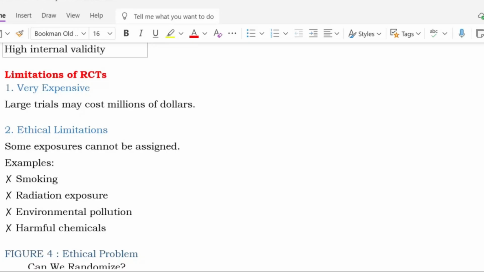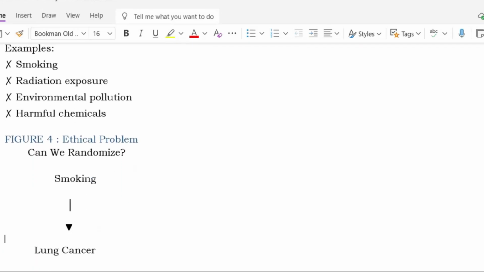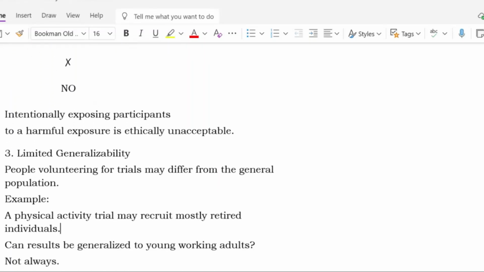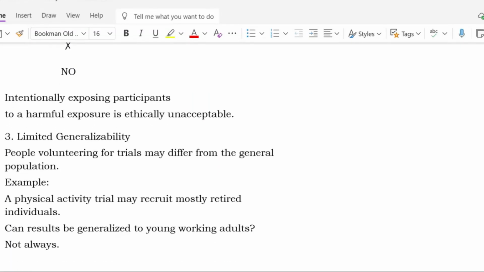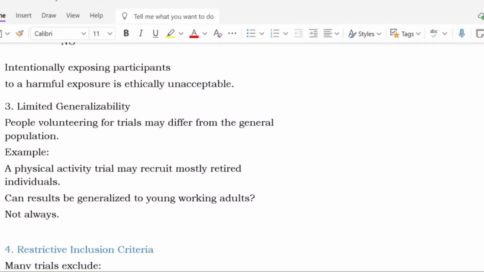That type of intervention cannot be assigned. Like smoking leading to lung cancer, we cannot put the participant at risk. We cannot make them smoke or expose them to smoke. Intentionally exposing participants to a harmful exposure is ethically unacceptable.